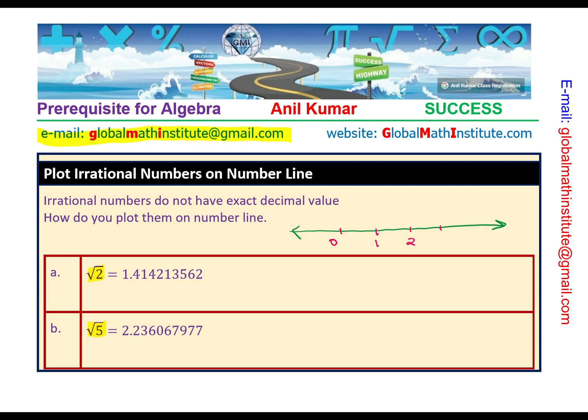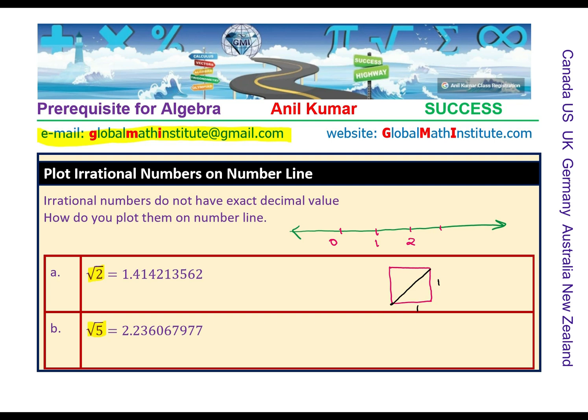But how do we get the exact value? For that, we go to the next step, and that is remember the right triangles. If I have a square and each side of the square is 1 unit, this is 1, this is 1. In that case, what is the length of the diagonal?